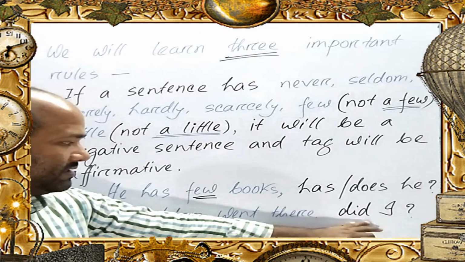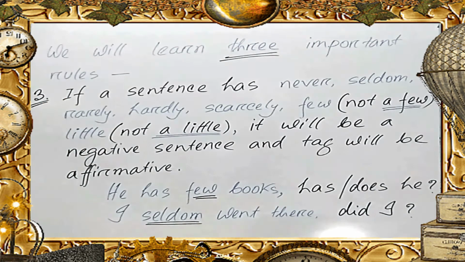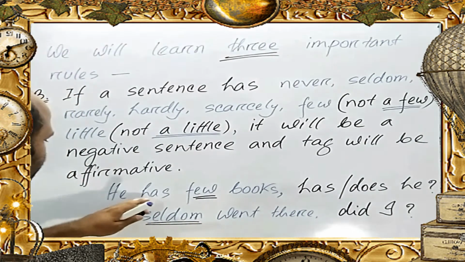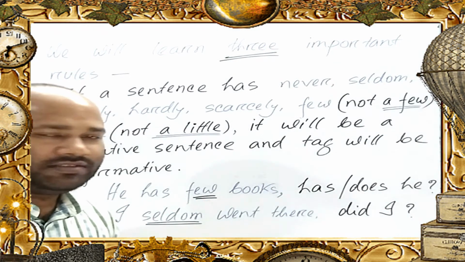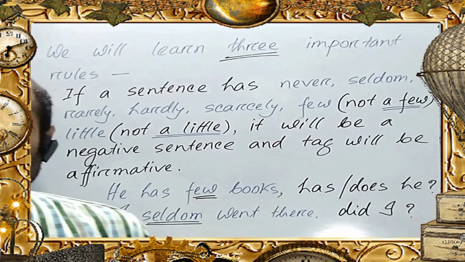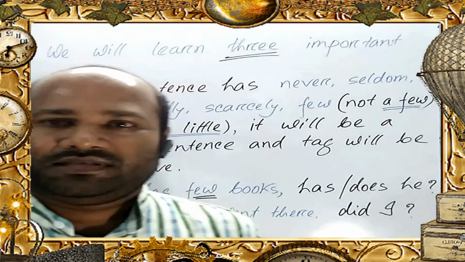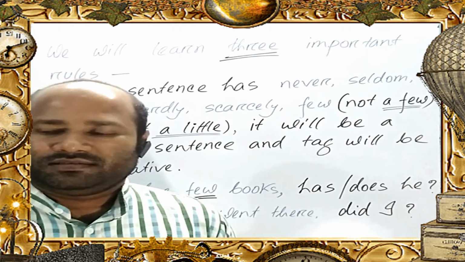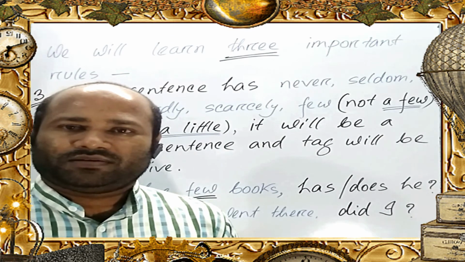So the answer is did I. So, I seldom went there, did I? He has few books, has or does he? So I think you have got the total idea of these confusing three rules. There are some more rules, you have to read them out and take proper realization to get more marks.